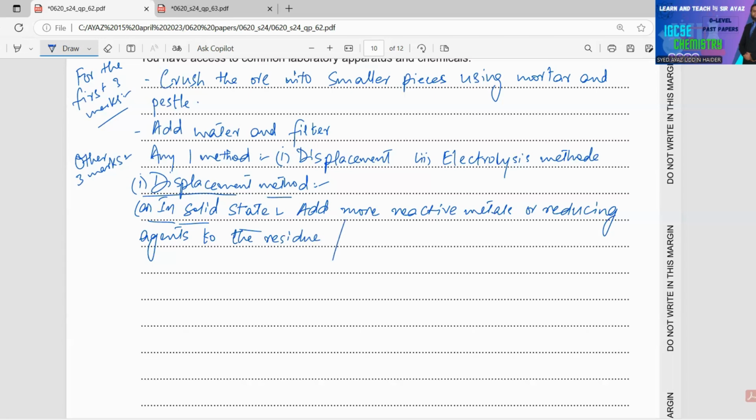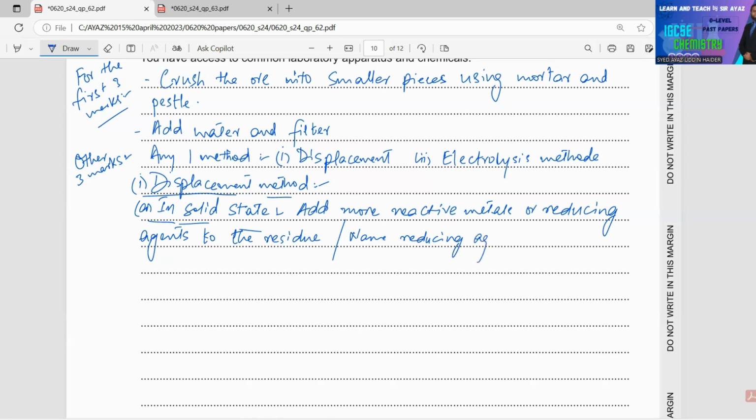Now you have to write the name of the reducing agent. We don't have highly reactive metals in the reducing agent, so no need to consider the metals from there.